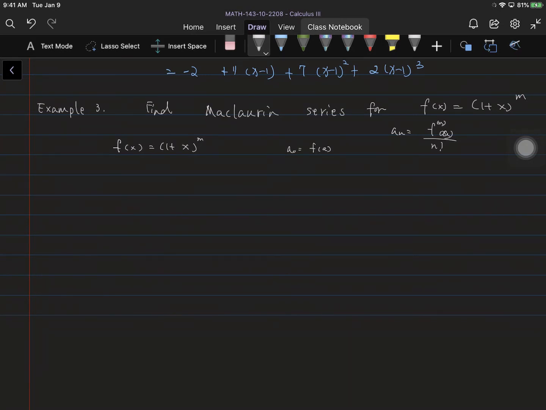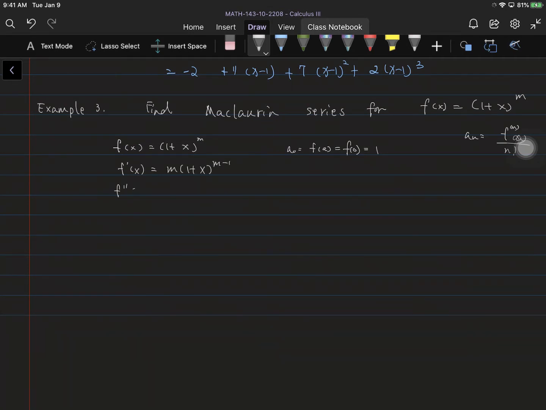Here a, in this case Maclaurin, means f(0). So we make x equals 0, so a naught is 1. Now let's take a look at the first derivative, f prime of x is m times (1 plus x) to the m minus 1, right?